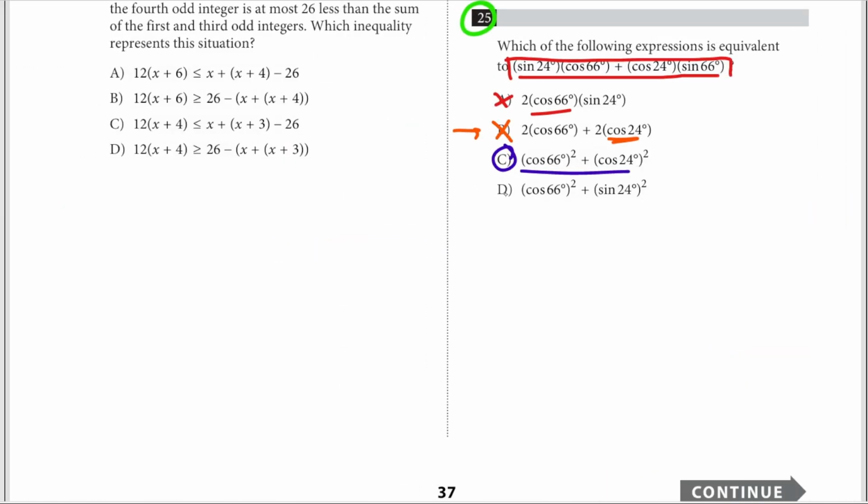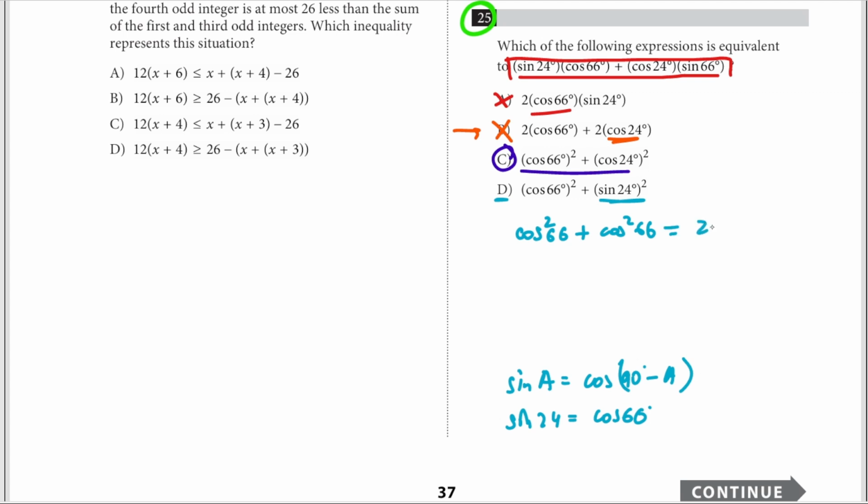Finally, last option D, let's check this out. For option D, we need to know that sine of A is equal to cosine of 90 degrees minus A. In our case, again, sine of 24 is equal to cosine of 66. So this sine of 24, I'll rewrite as cosine of 66. So we have cosine squared of 66 plus another cosine squared of 66, which is equal to 2 cosine squared of 66.